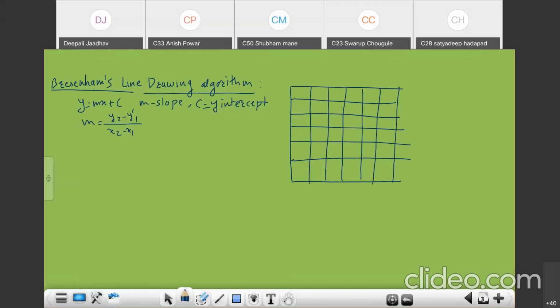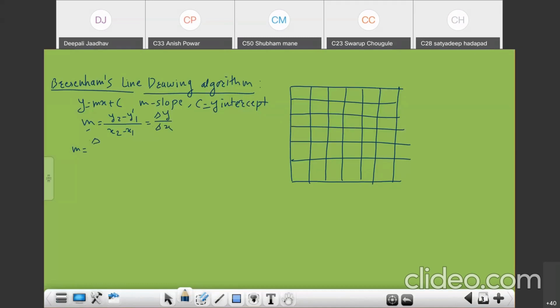So this slope, or this m value, decides the line, and it is important when considering the slope. m is equal to (y2 - y1) / (x2 - x1), which is also known as delta y upon delta x.